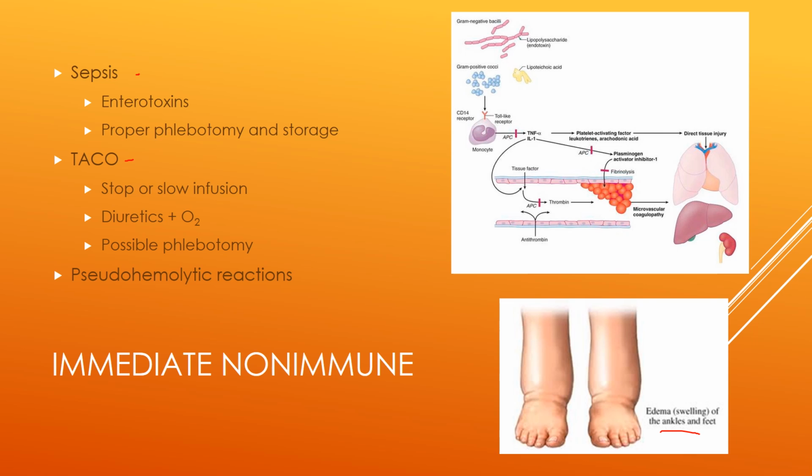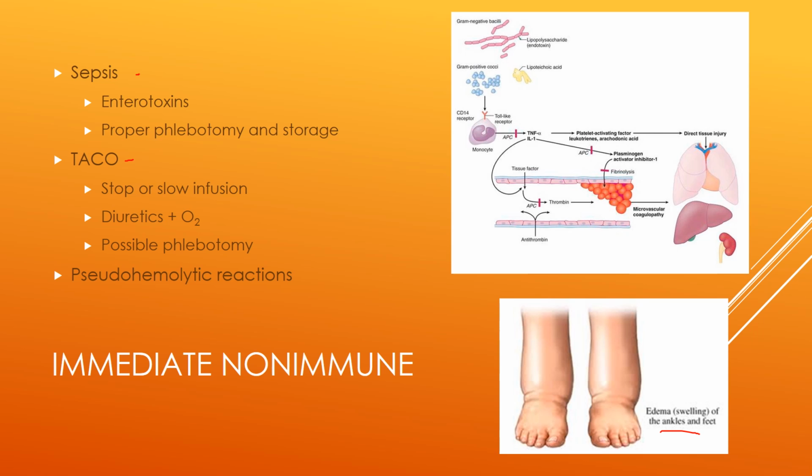In TRALI, you might have transient hypertension, but usually you end up with hypotension because remember you have that increased vascular permeability and the fluid is leaving. The fluid is generally leaving the vessels in TRALI. In TACO, you've got too much fluid in the vessels, so that's really the issue to differentiate between the two, the hyper versus hypotension.